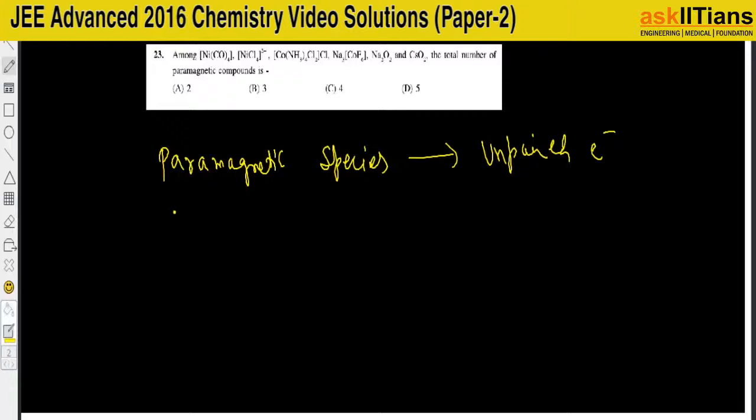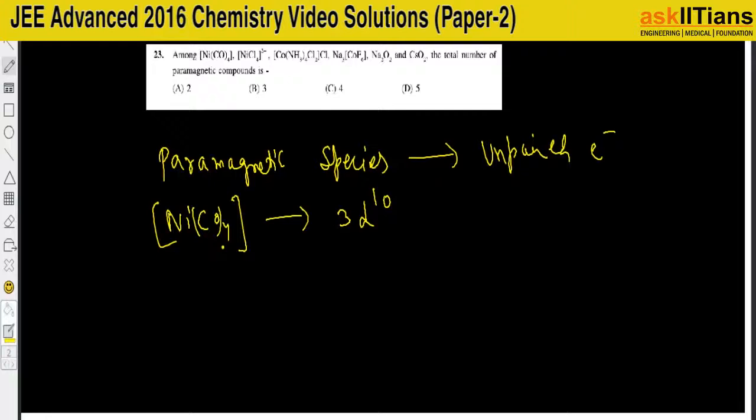So Ni(CO)4, if I have it, CO is a neutral ligand, right? So there is no charge involved over here. So I'll get the normal oxidation state of nickel, which is 3d10. But why am I getting 3d10?